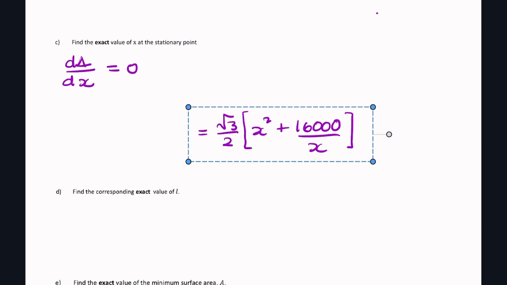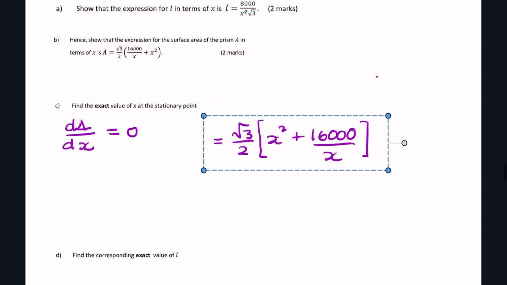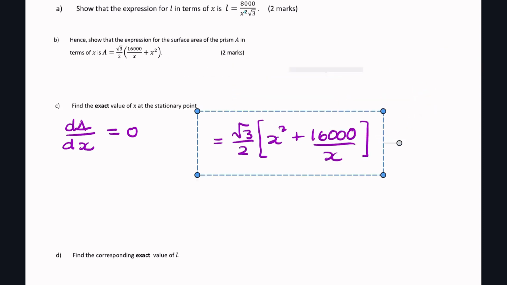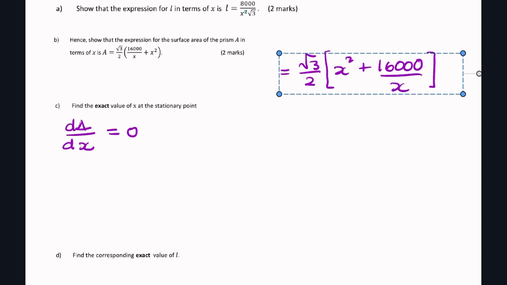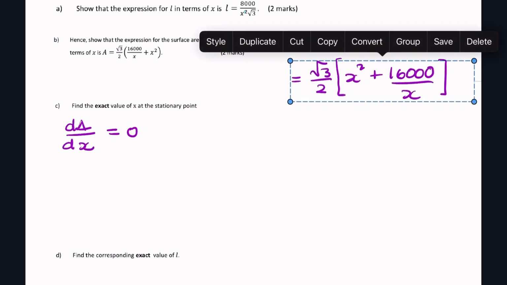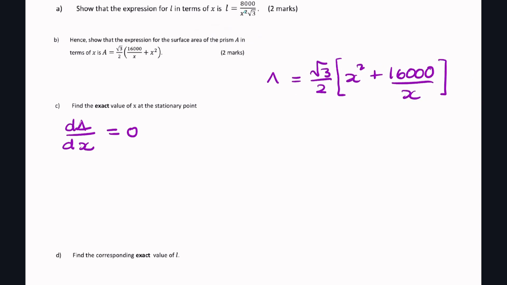This is my expression for A. And what I want to do is to differentiate that. I want to differentiate A to find dA by dx. Okay, so I'm going to multiply those out again because it'll be easier that way.